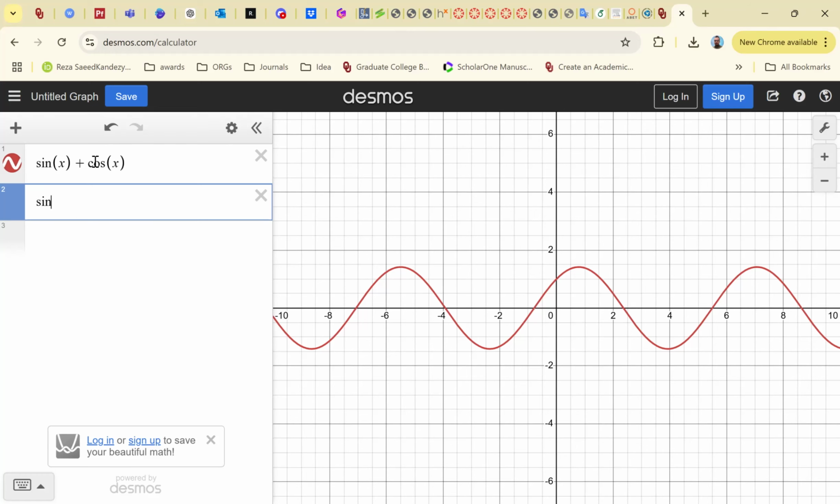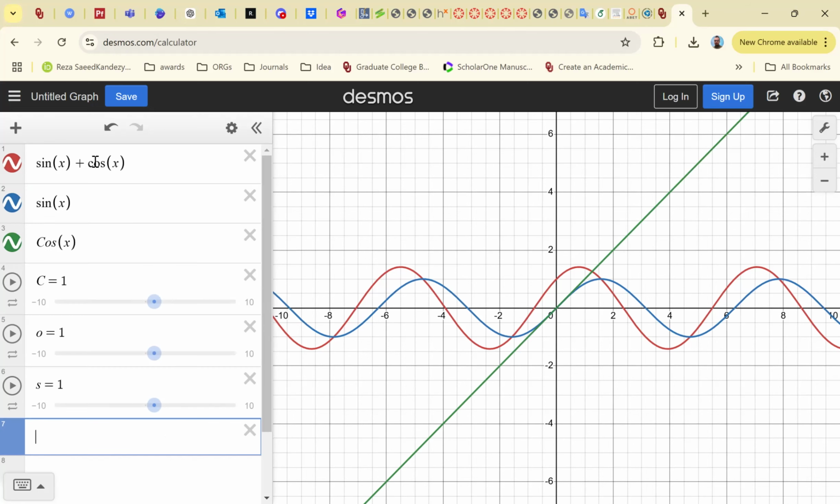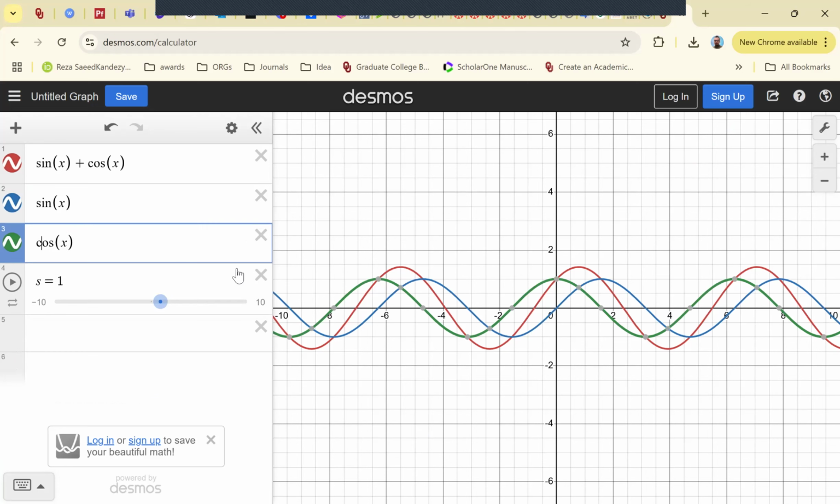This is sine of x, and this is cosine of x. What happened? No, no, no. Cosine. Do you see the green line?